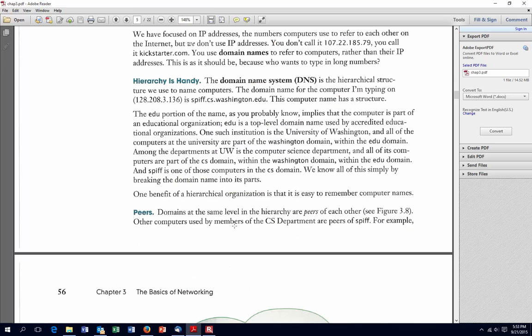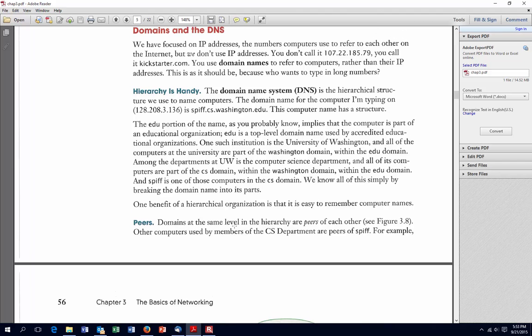So the next big section that we're going to talk about here is the DNS system and how domains work. But we've already gone through and talked about the TCP/IP addressing scheme and how that is all done with the 4 octets, as in the example here of 128.208.3.136 being the address for a specific computer.